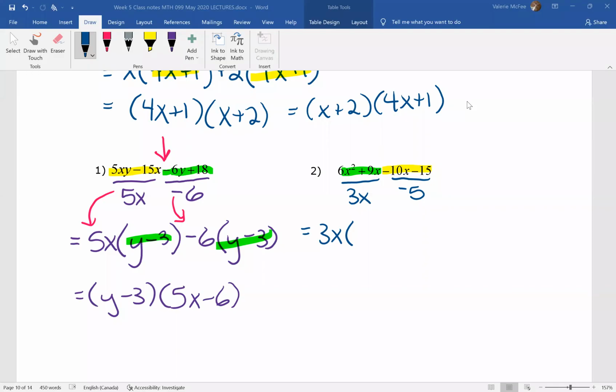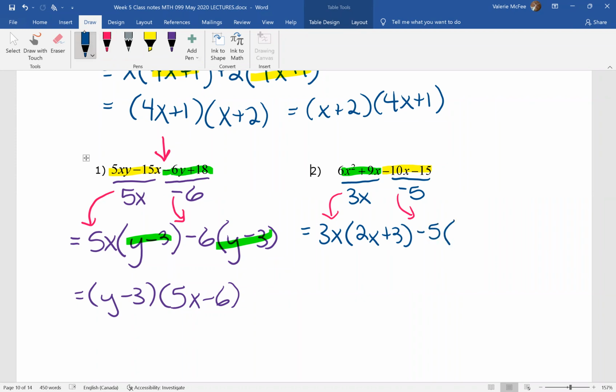We saw 3x was the greatest common factor for the first 2 terms. Write it down. 6x squared divided by 3x is 2x, plus 9x divided by 3x is +3. We found -5 to be the greatest common factor of the last 2 terms.